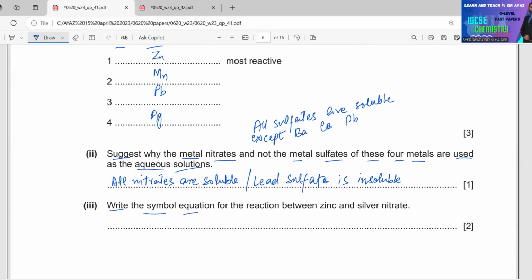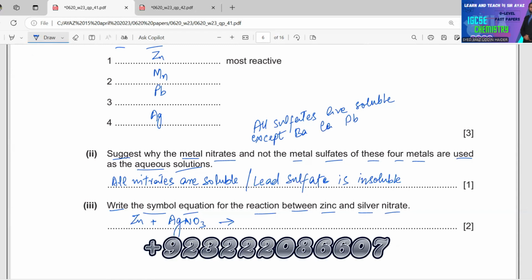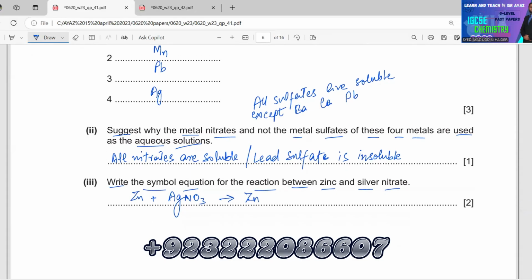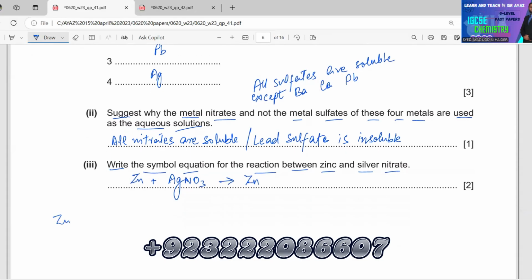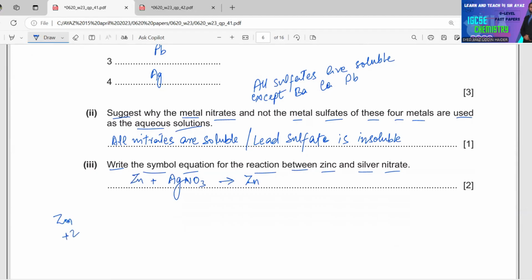Write the symbol equation for the reaction between zinc and silver nitrate. Here's a symbol for zinc, Zn, and for silver nitrate, it is AgNO3. It's a single displacement reaction. Zinc being more reactive than silver will displace silver from its nitrate. So you will get zinc nitrate. What will be the formula of zinc nitrate? Zn carries +2 charge.